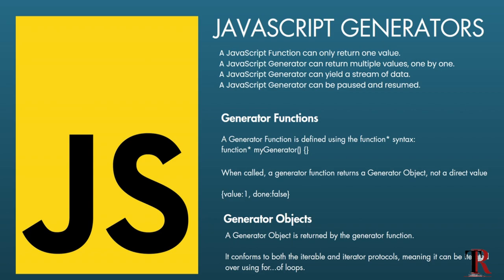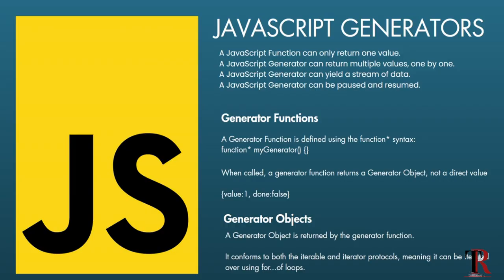That done represents a state of whether elements are still remaining inside a process or it has finished. For example, when there are still elements to be iterated over, then done will be false. And when there are no more elements to iterate over, then it will be true.